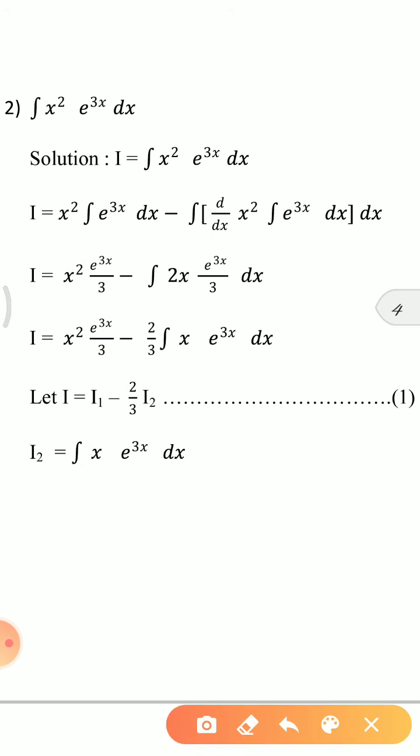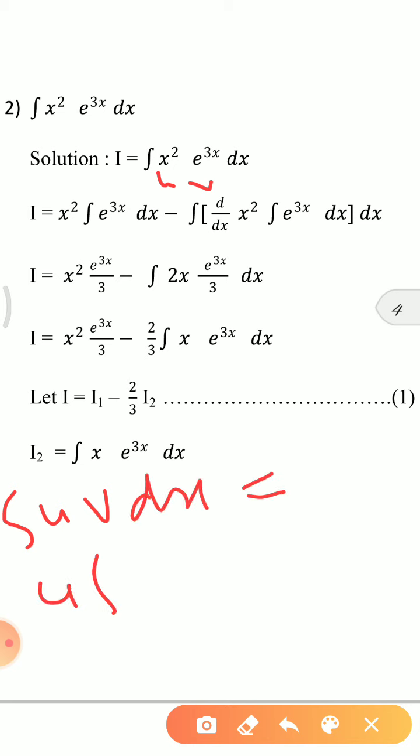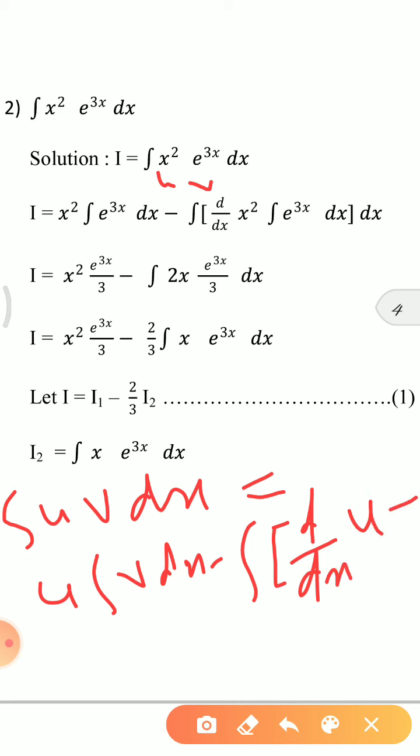Let us see how to solve this sum. Solution, let I is equal to integral x square e raised to 3x. This is u, this is v here. Applying the integration of u into v, that is uv dx is equal to u into integral v dx minus integration of, in bracket, d by dx of u into integration of v dx, bracket complete, dx here.